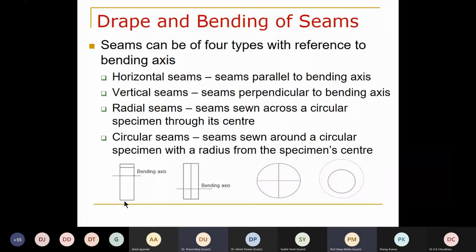But if the seam is circular or a radial seam has been applied, then the bending length is of no use. For radial and circular seams, the bending length has no meaning. In those cases, we should go for either the drape coefficient or the profile.